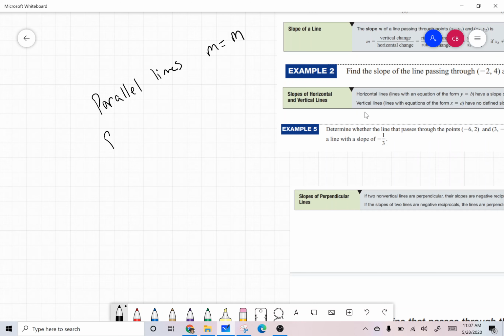And then perpendicular: if you have a over b, then the perpendicular one will be negative b over a. The way you can tell if they're perpendicular for sure is if you do a over b times negative b over a, and you get -1. You'll see these cancel, these cancel. This is 1 times -1, which is -1, and so those would be perpendicular.